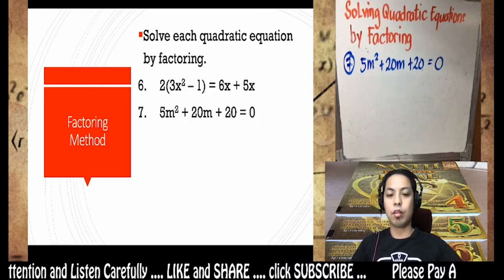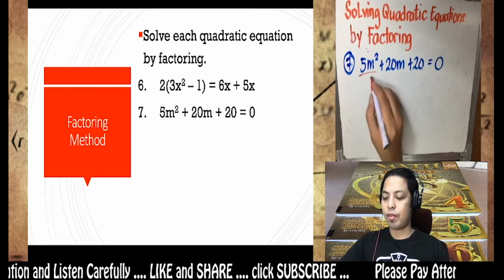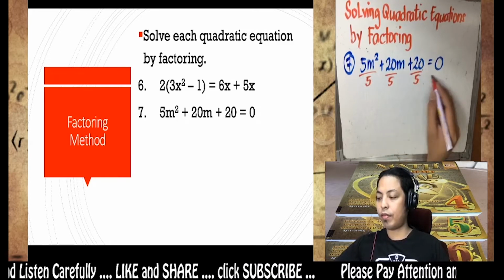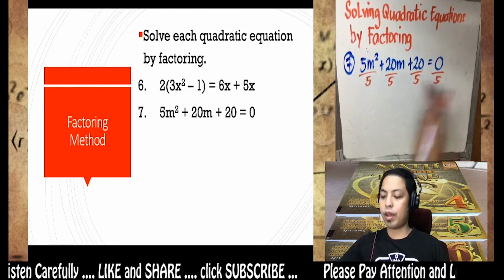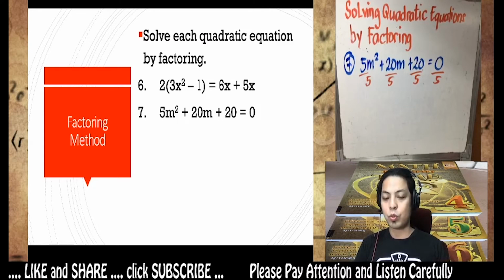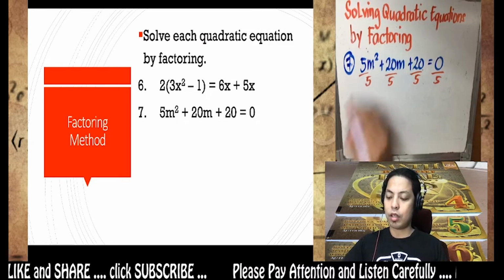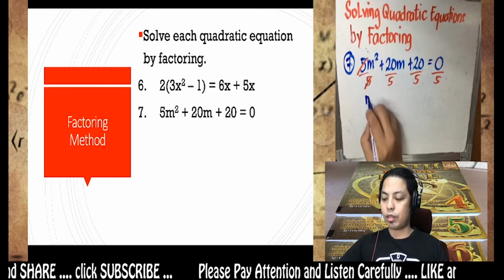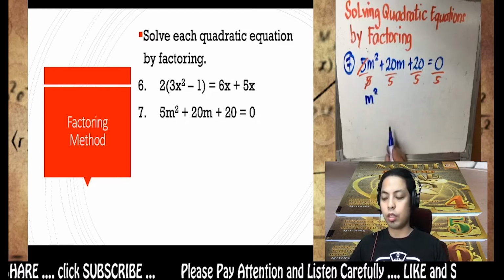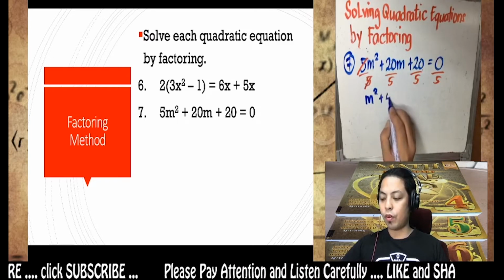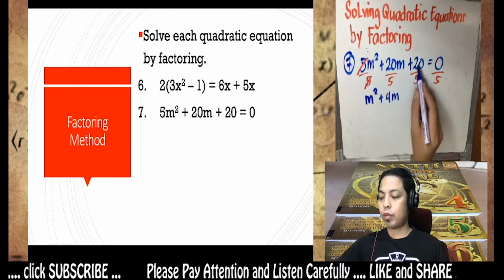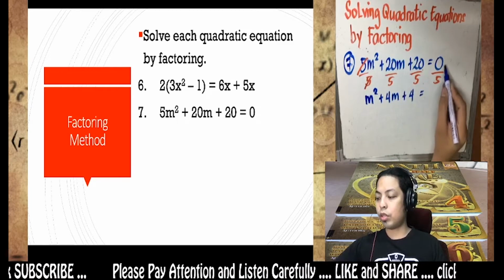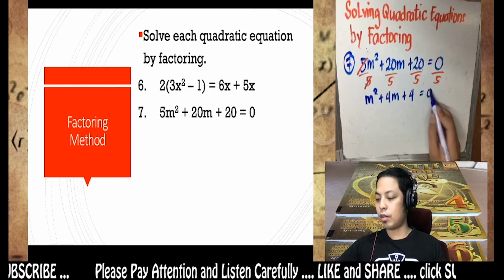So let's divide all by 5: divide by 5, divide by 5, divide by 5, and of course 0 divided by 5. 5 divided by 5 is 1, so what remains is m squared. 20 divided by 5 is 4m. 20 divided by 5 is still 4, equal to 0 divided by 5 is 0.